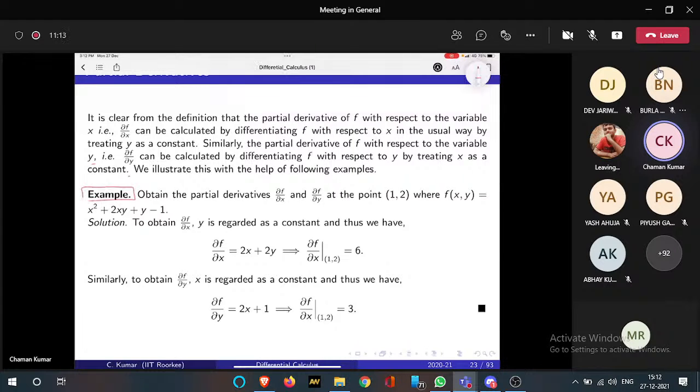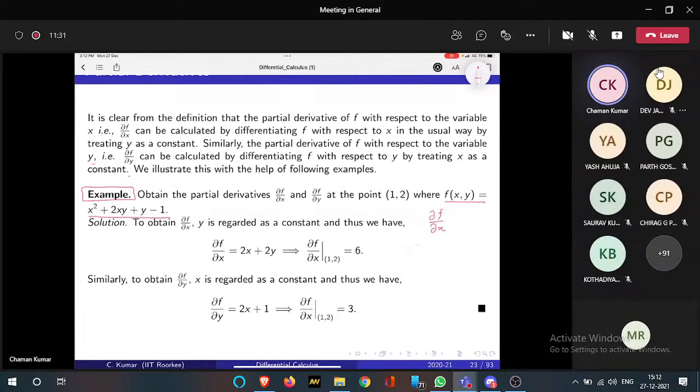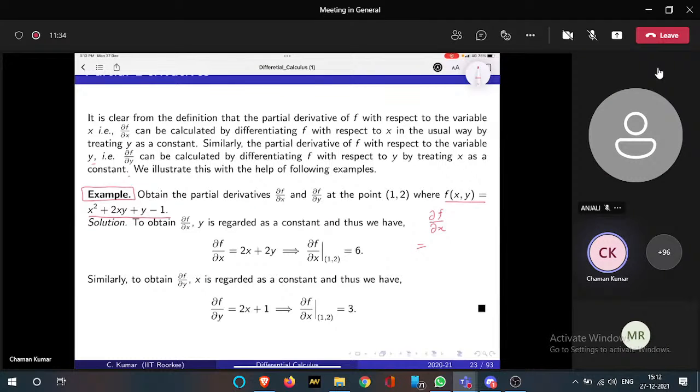So we have this example. f(x,y) is equal to x square plus 2xy plus y minus 1. You want to calculate the partial derivative of f with respect to x. So how are we going to do this? As I said, when you calculate the partial derivative of f with respect to x, you treat the variable y as constant.